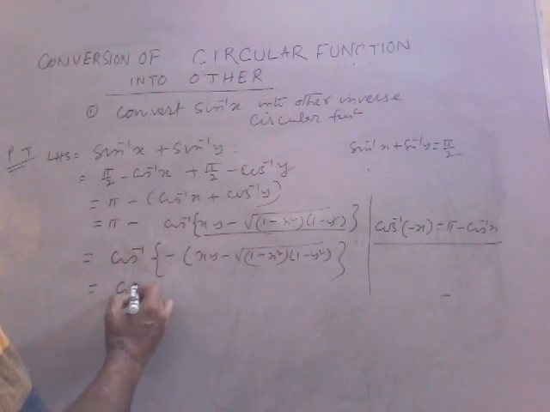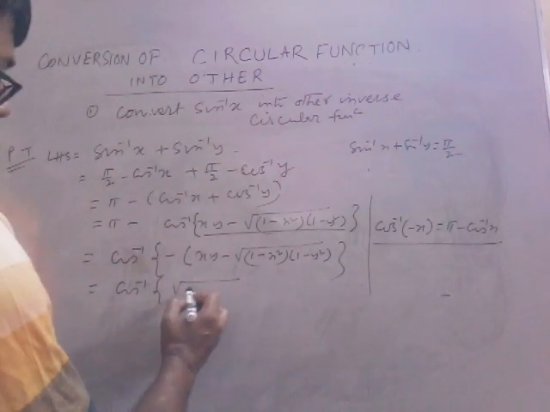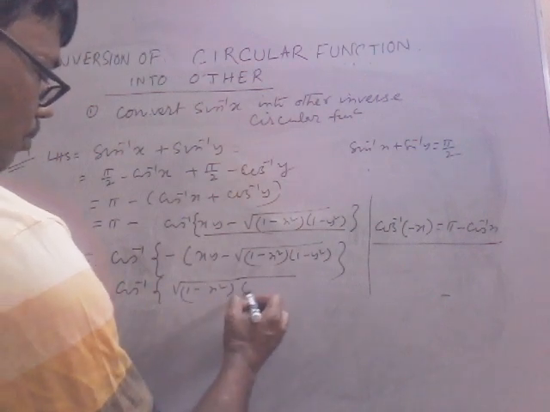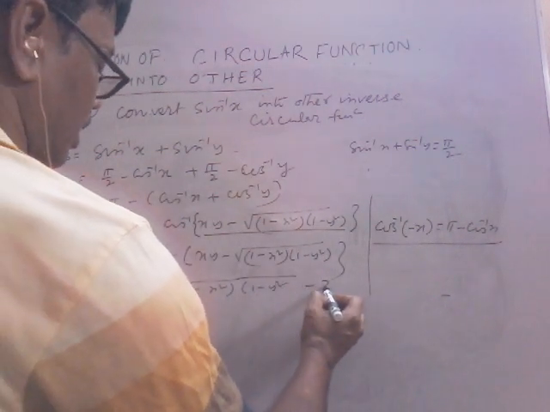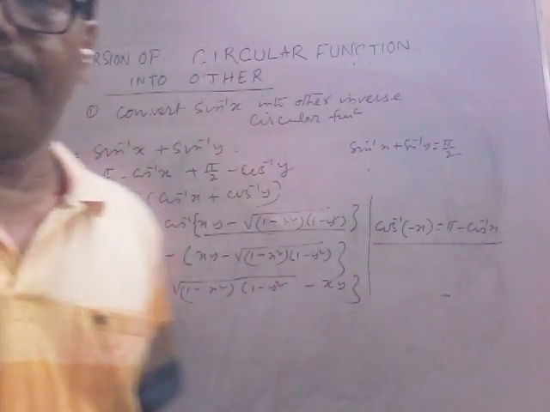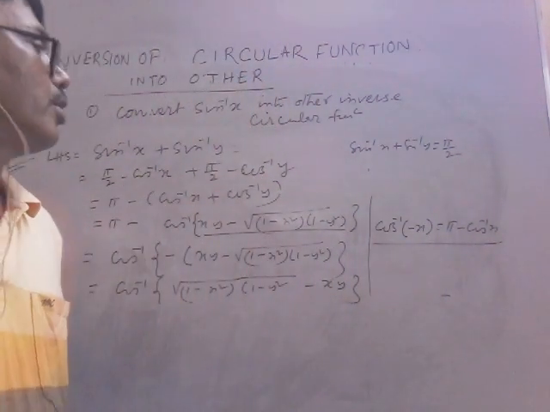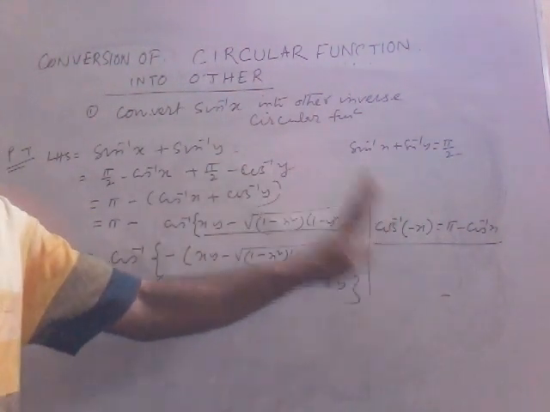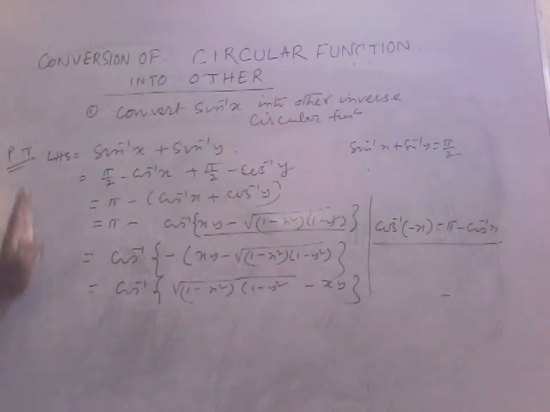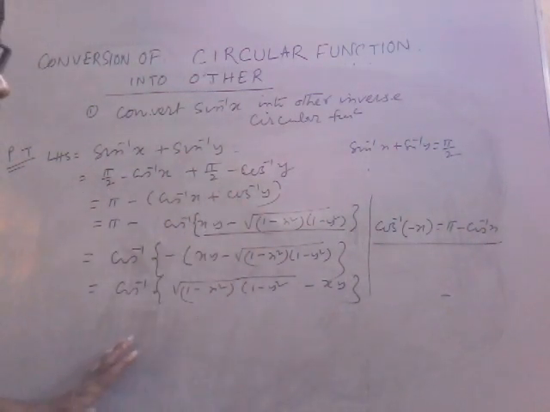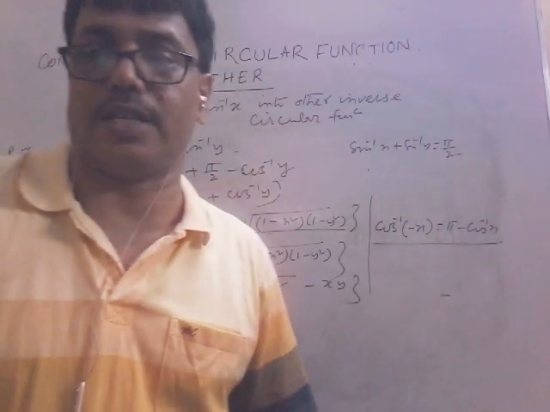Now you write it in reverse form: √(1 − x²) into √(1 − y²) minus xy. So you see the final proof. The final proof is in terms of cos. So transform sin inverse in terms of cos inverse and use the relevant results.